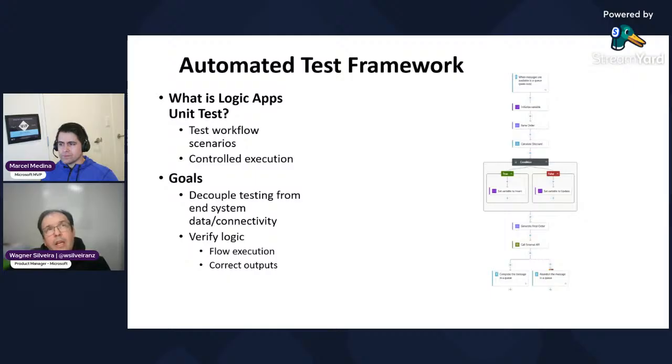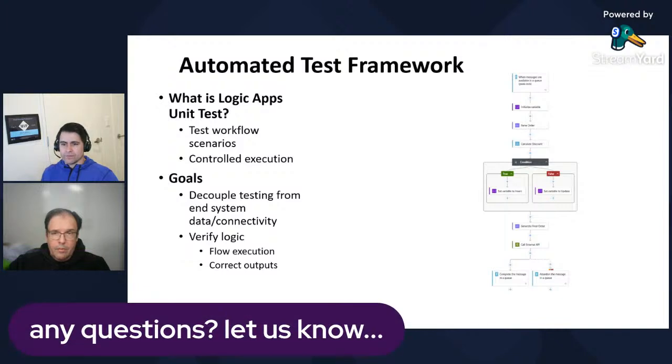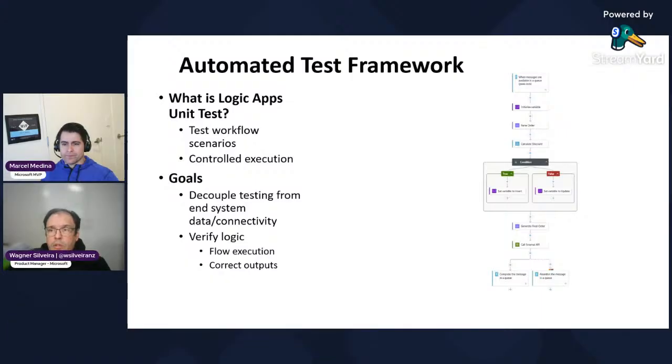For integration workflows in general, but more especially in terms of Logic Apps workflows, the smallest piece of code that you can test here is a workflow scenario. And what I call a workflow scenario is an end-to-end process inside that workflow going through a set of decisions, right?